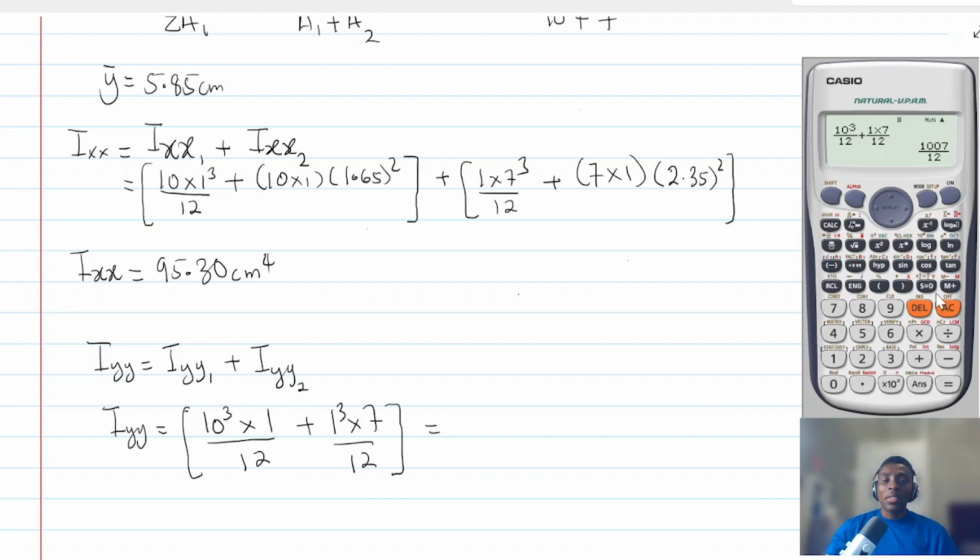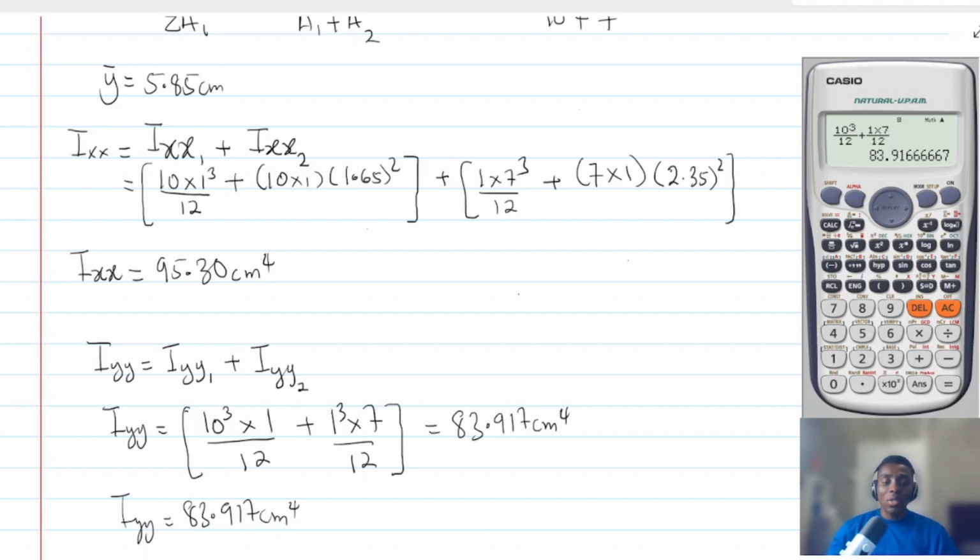And this gives us 83.917 centimeters to the power 4. So essentially, this is our IYY.